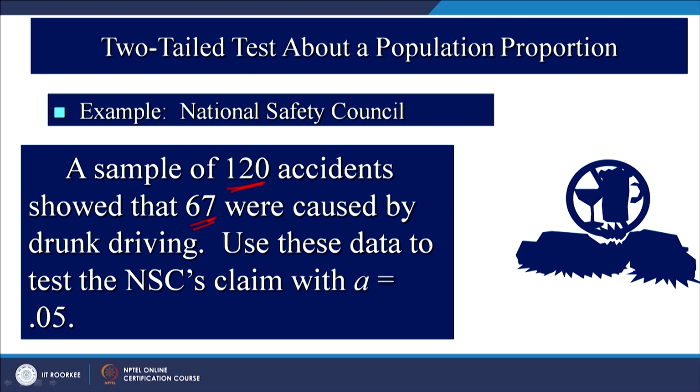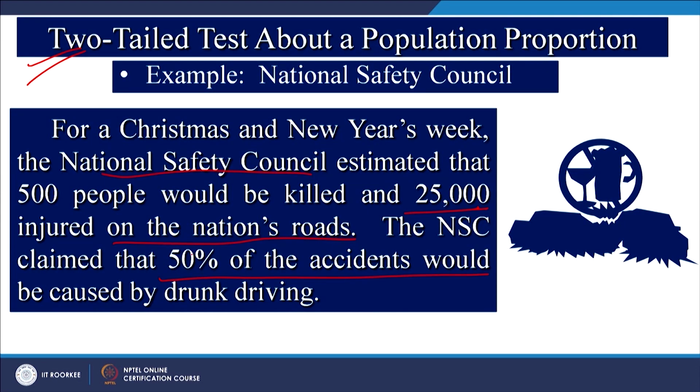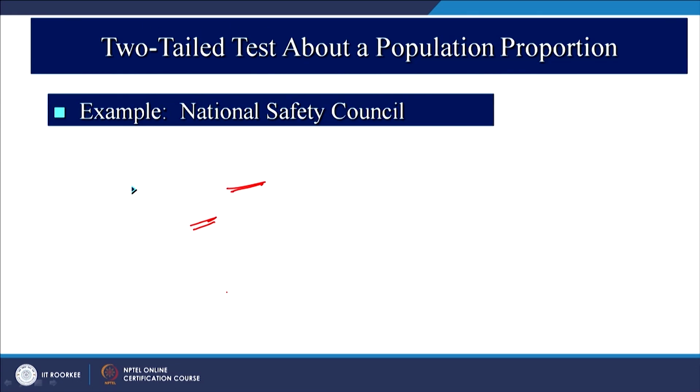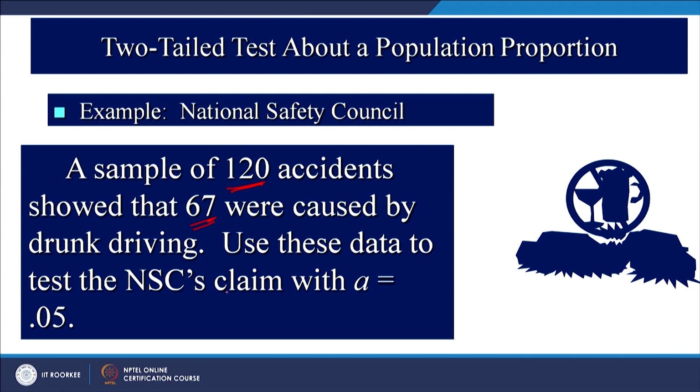Use these data to test the National Safety Council's claim. And what is the claim? That 50% of the accidents would be by drunk driving, but when they took a sample of 120 accidents, there were only 67 cases of drunk driving.